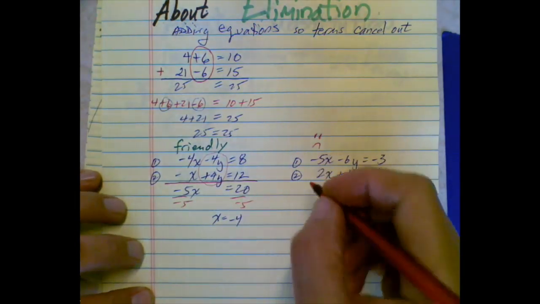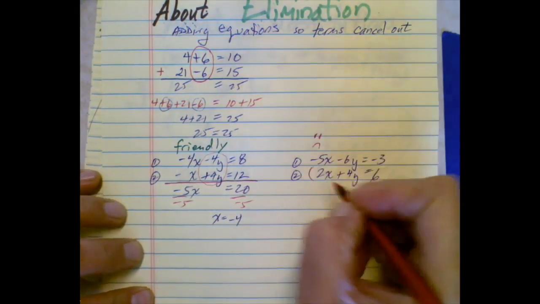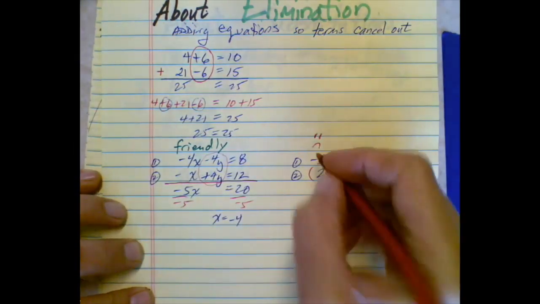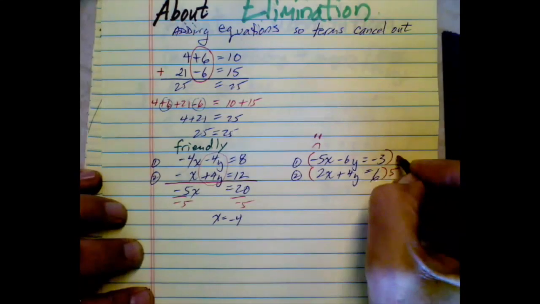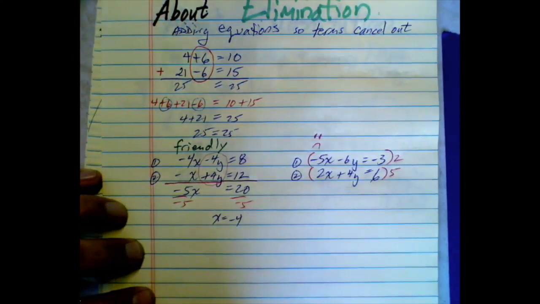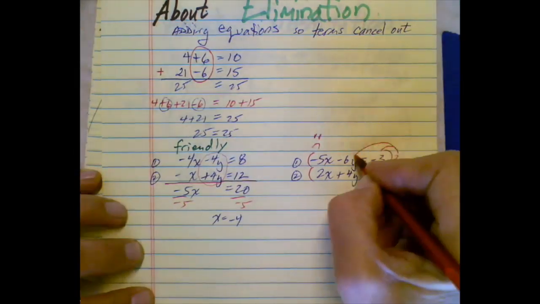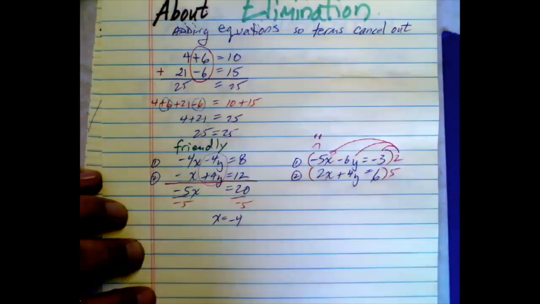If I multiply equation 2 by 5 all the way through, won't this turn into 10x? If I multiply equation 1 through by 2, this will become negative 10x. So I'm going to distribute all my pieces here.